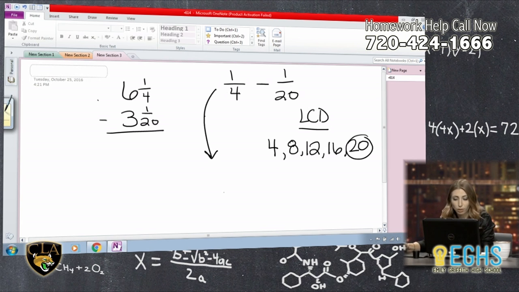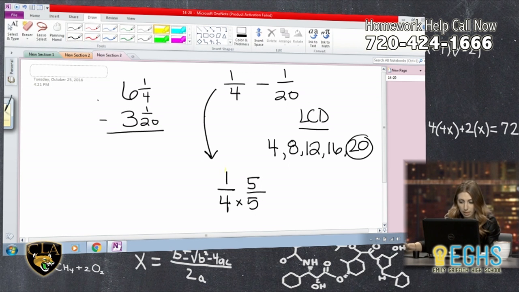So this 1/4, if I multiplied it by 5, I could get a denominator of 20. When we multiply numerators and denominators, we need to do the same to the top as the bottom. If I'm multiplying by 5/5, what I'm really multiplying this fraction by is 1. 5/5 is just equal to 1.